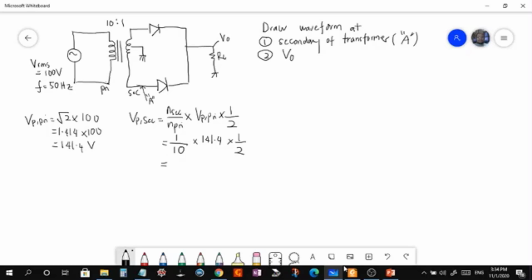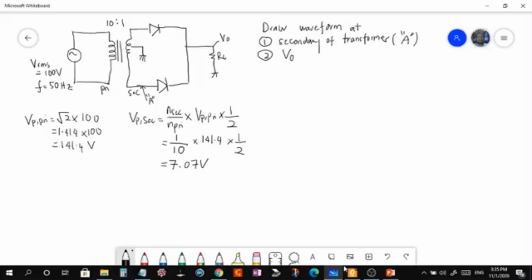Let me calculate this one: 141.4 divided by 20 gives 7.07 volt. So this is the V secondary.